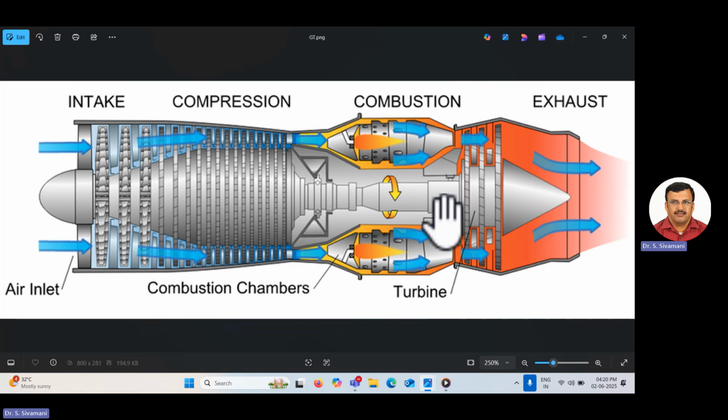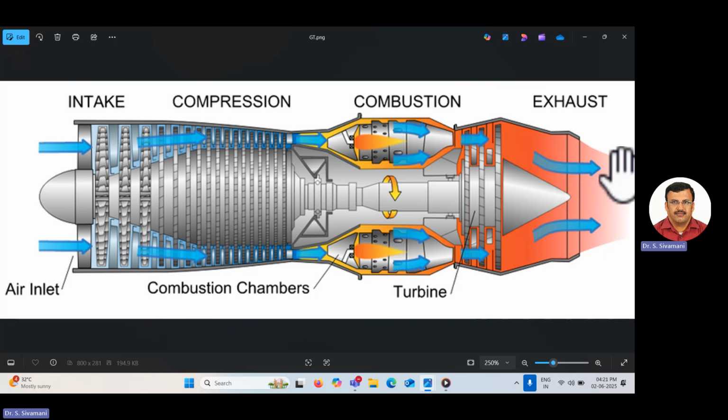And if you see the combustion chambers in this drawing, there are two: one on the top and another at the bottom. Here the compressed air enters the combustion chamber where the reaction takes place between methane and oxygen in air. And at this temperature, sometimes the nitrogen present in air also undergoes an oxidation reaction to produce oxides of nitrogen.